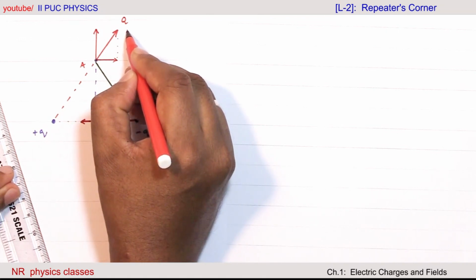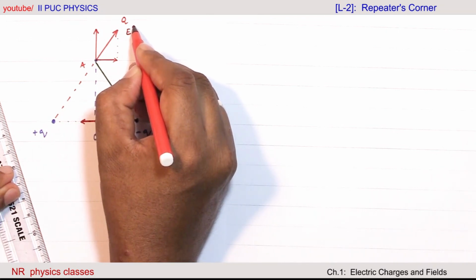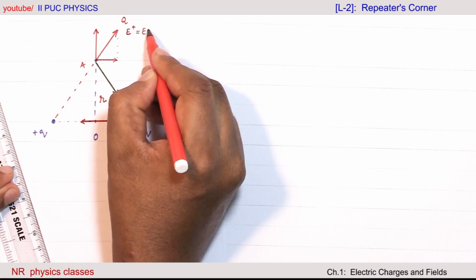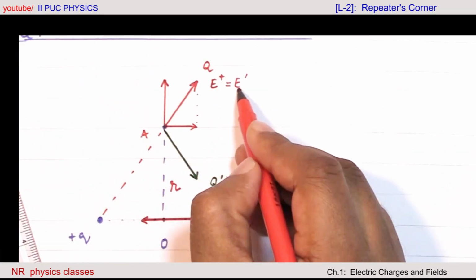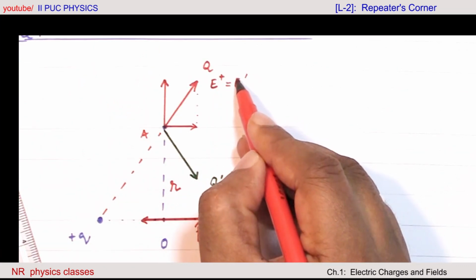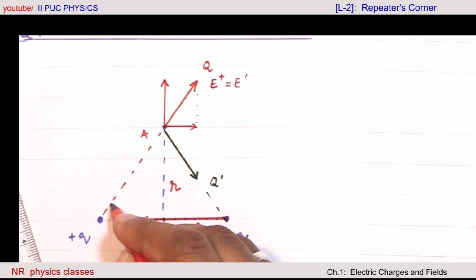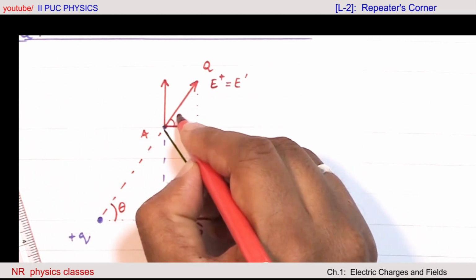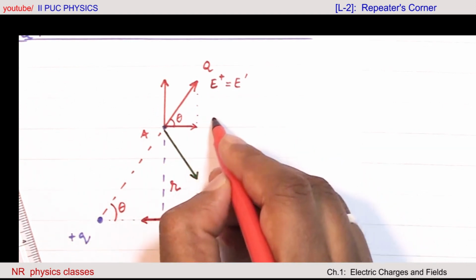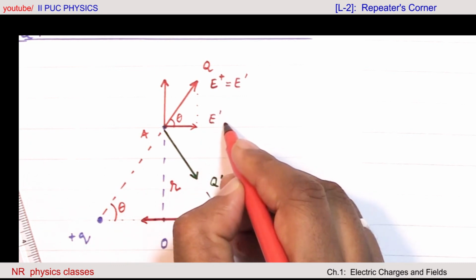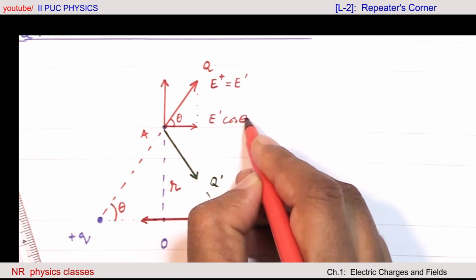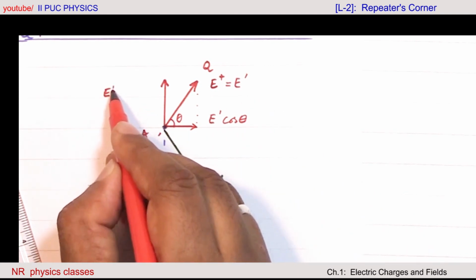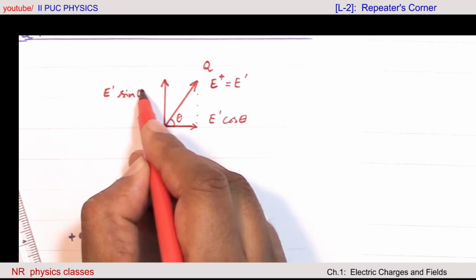If this is electric field due to positive charge E plus, for time being, let me denote it by E dash. E plus equal to E dash. You will understand why this notation. If this angle is theta, then this angle is also theta. Then this component is E dash cos theta, and this component which is away from theta, E dash sin theta.